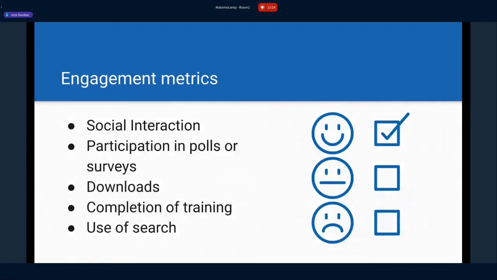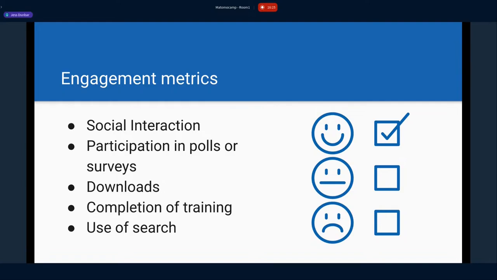All right, our second category is engagement metrics. Engagement metrics focus on the interactions and engagement with the content. Metrics may include the number of new posts or articles, the frequency of content updates, and user satisfaction through surveys. I was at a session early yesterday where there's a complete Matomo plugin that runs surveys, so I'm really excited to check that out.